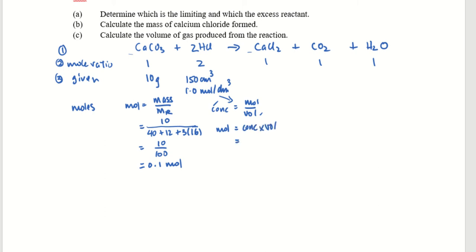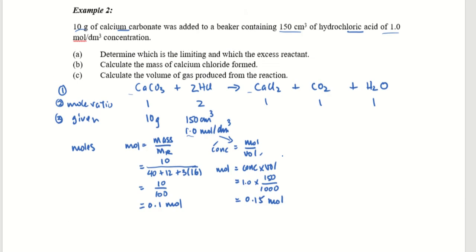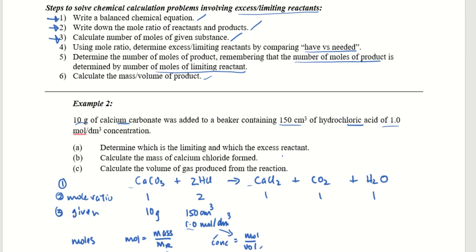The concentration is 1.0 and the volume is 150 cm³, but we have to divide by 1000 because we have to convert to dm³ instead of using cm³. So we have 0.15 mole of hydrochloric acid. Now we have done step 3, which is calculating the number of moles of the given substances.